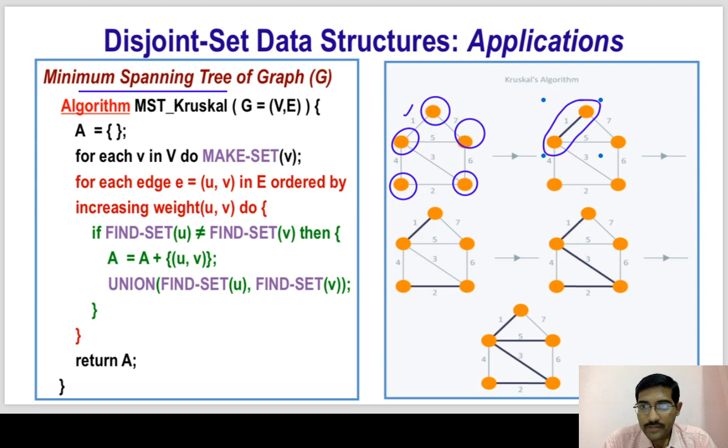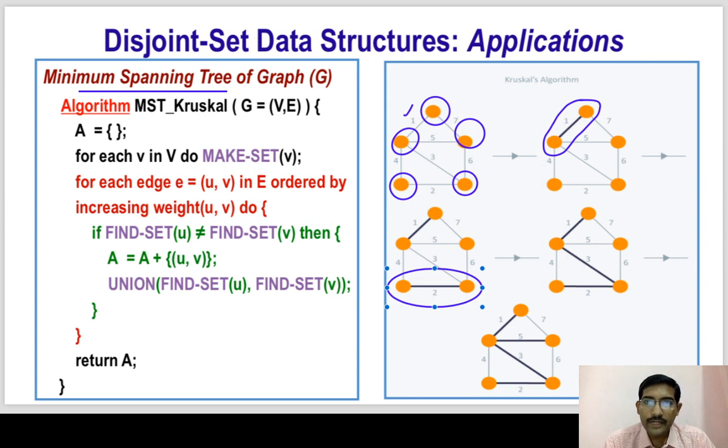In the next iteration, we take the next edge, join these two vertices and form a bigger set. We proceed in this way to find the next minimum weight edge and then the next vertices which we could join. And gradually we proceed to find the minimum spanning tree.